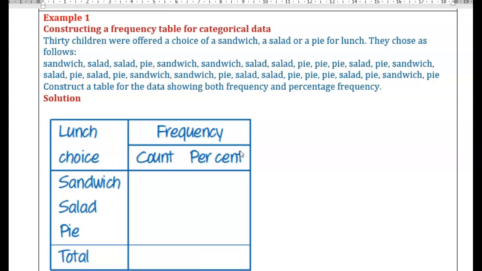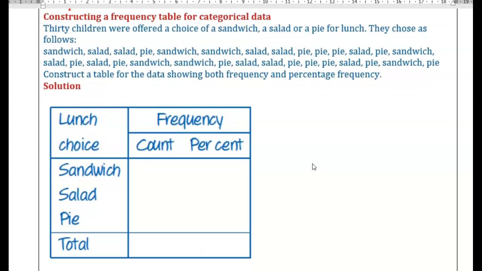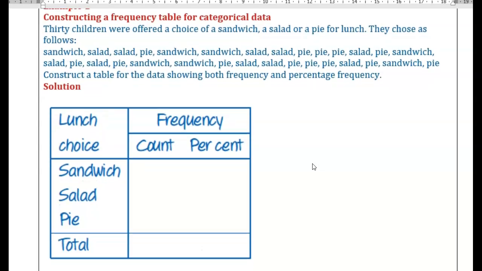Example 1, constructing a frequency table for categorical data. We can see here, exact same example as before. We've got 30 children, offered a choice of sandwich or salad or pie. They choose the following. So let's count up each one. Sandwich first.